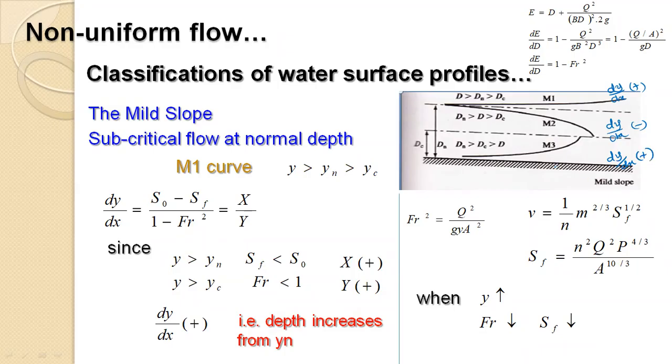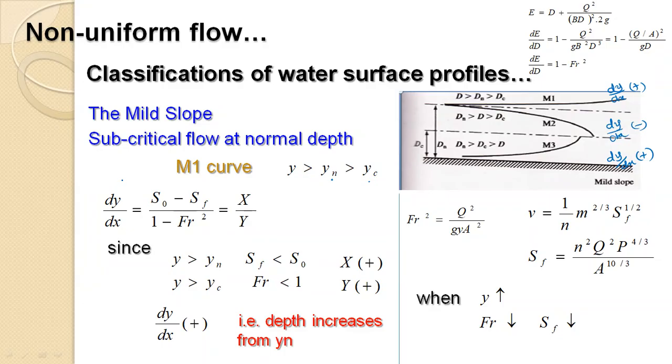Okay, right. So let me take the M1 curve. According to the definition, the normal depth is greater than the critical depth in the profile M. And if you take the M1 curve, the water depth is even greater than the normal water depth.